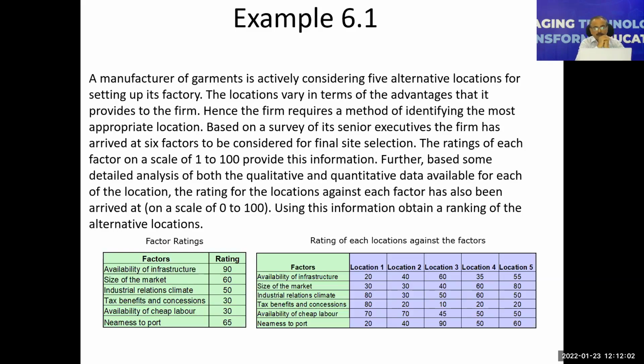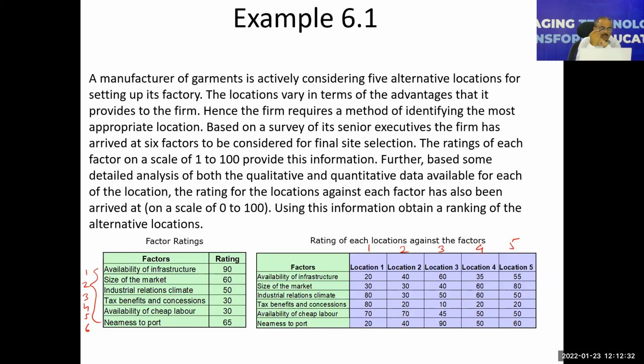Let's say these are the factors: there are 1, 2, 3, 4, 5, and 6 factors. And here there are 5 locations. Out of these locations, we have to select the location for setting up the factory.